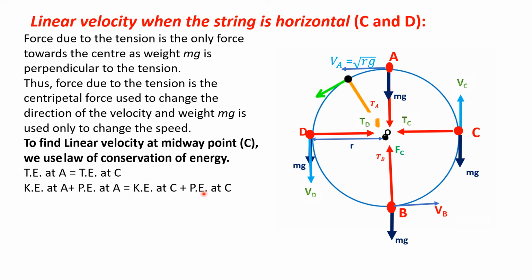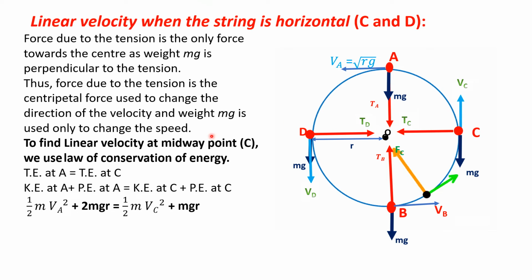Now, the object is situated at a distance r from the center, and when the point object moves from point B to A, the potential energy is equal to 2mgr. So the kinetic energy at A is half m Va squared, plus potential energy at point A as 2mgr.